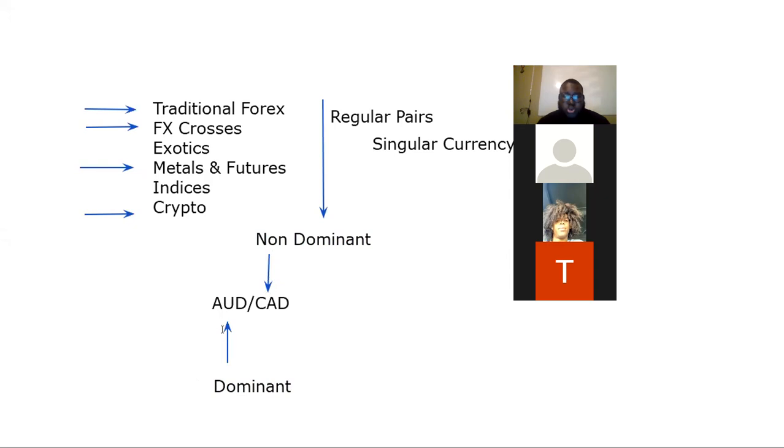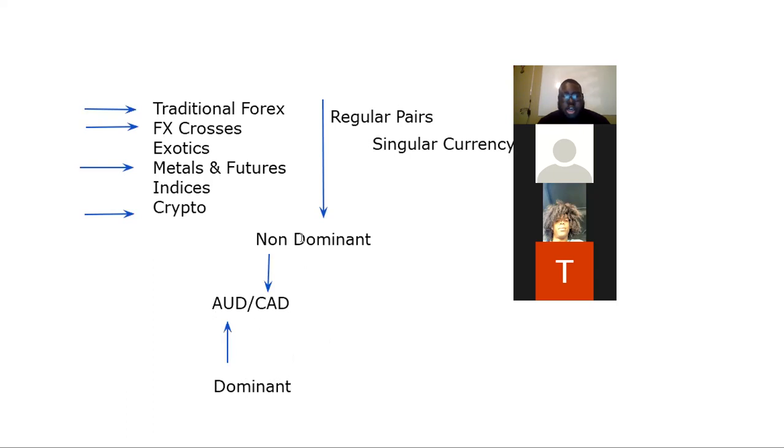When the dominant pair AUD is stronger, you're going to be looking for buys. When the non-dominant pair is stronger, you're going to be looking for sells. So boom, that's basically what that means.